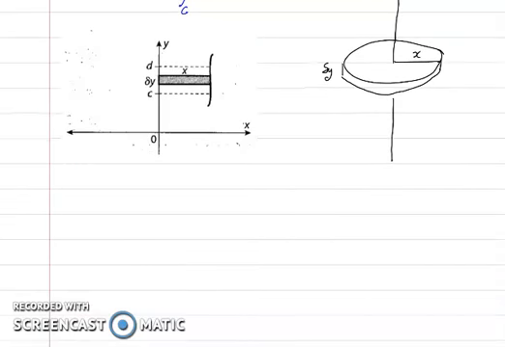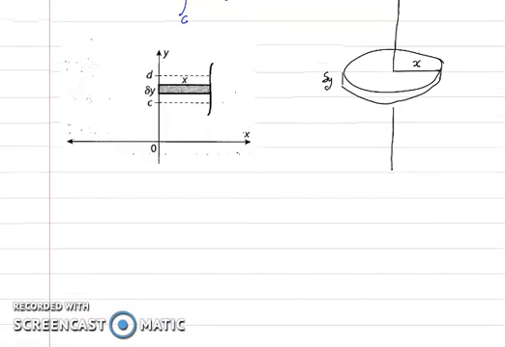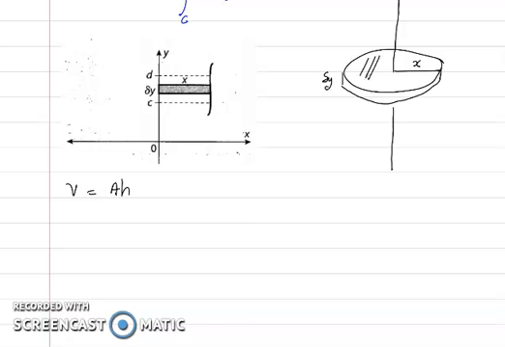Now, the volume of the solid that is generated, V, would be equal to A times H. Of course, the volume of any solid shape with a uniform cross-section, and a cylinder is a solid shape with a uniform cross-section, is given by the formula V is equal to A times H, where A is the area of the uniform cross-section. So that uniform cross-section is a circle.